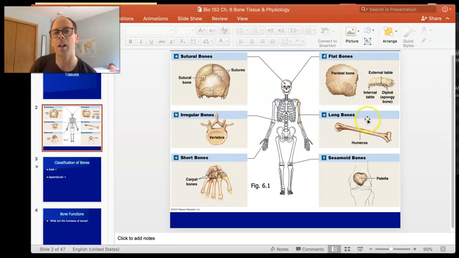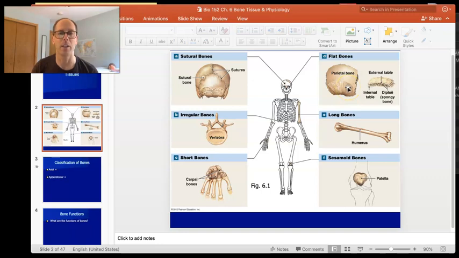We are going to spend a lot of time looking at long bones and flat bones. And long bones is a little misnomer. Long bones are bones that are longer than they are wide. So in general, they have a shaft with two ends that are wide at each end. Flat bones are just like they sound.